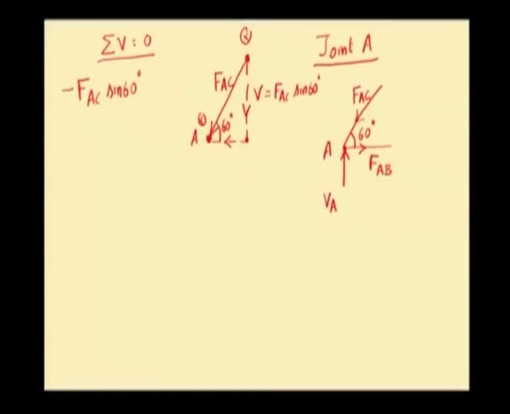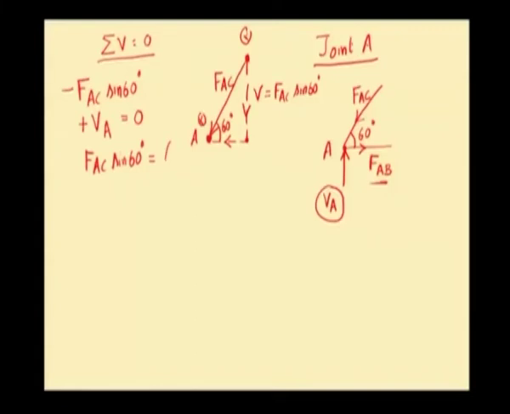Also at joint A, we have the vertical reaction component VA. Since it is a vertical force pointing upward, we will put a positive sign, plus VA. Now, the vertical component of FAB will be 0. So, these are the algebraic sum of all vertical components of forces, and I am equating it to 0. So, FAC sin 60 is equal to VA.